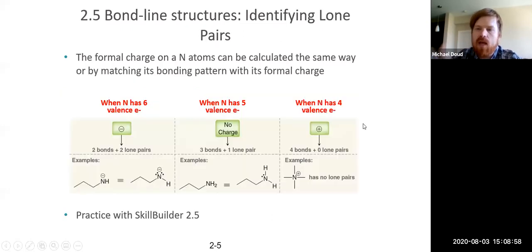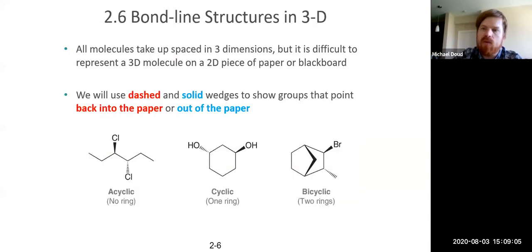Okay, so go ahead, make sure you practice that formal charge identification. And then after that, we're going to talk about 3 dimensions. So for the molecules that we've talked about so far, it hasn't really mattered yet how they're oriented in 3-dimensional space, how the hydrogens are oriented. And that's because all of the molecules we've talked about so far have some degree of symmetry.